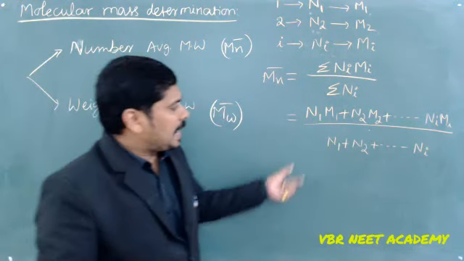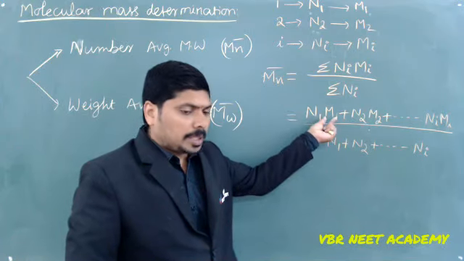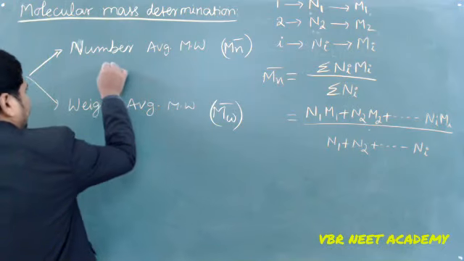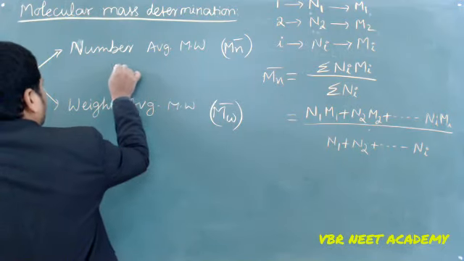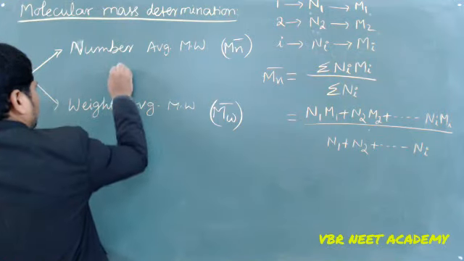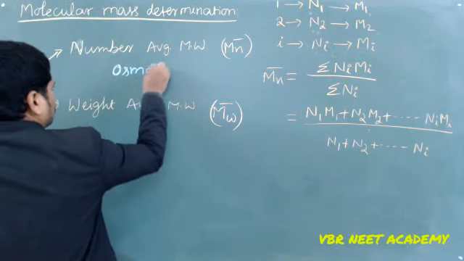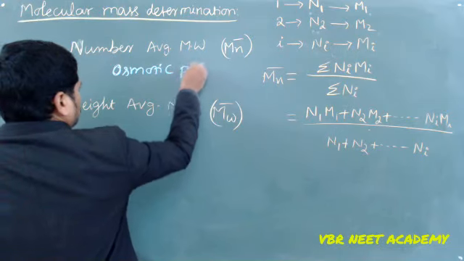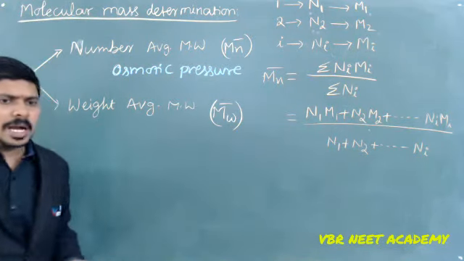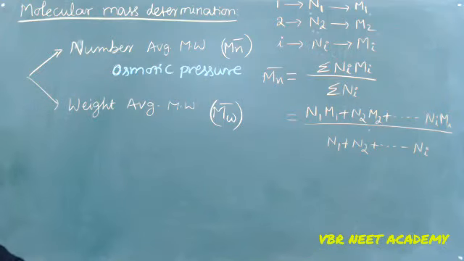But at least I have to determine the molecular weight of this particular one. For this, we are going to use the end group analysis method, or mostly the osmotic pressure method, which is a colligative property.